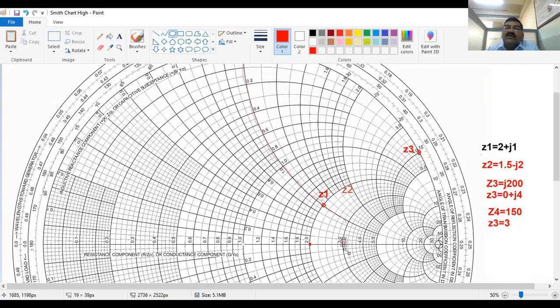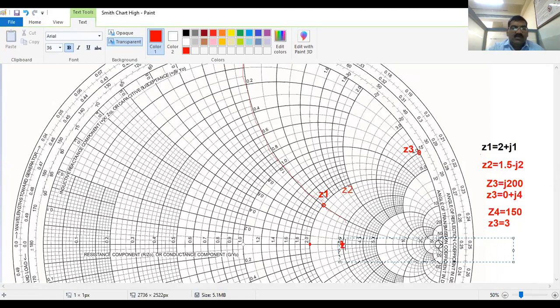So this is 3. Okay. So this 3 is nothing but your Z3. So this value is Z3. So I'll put this as the small Z3.